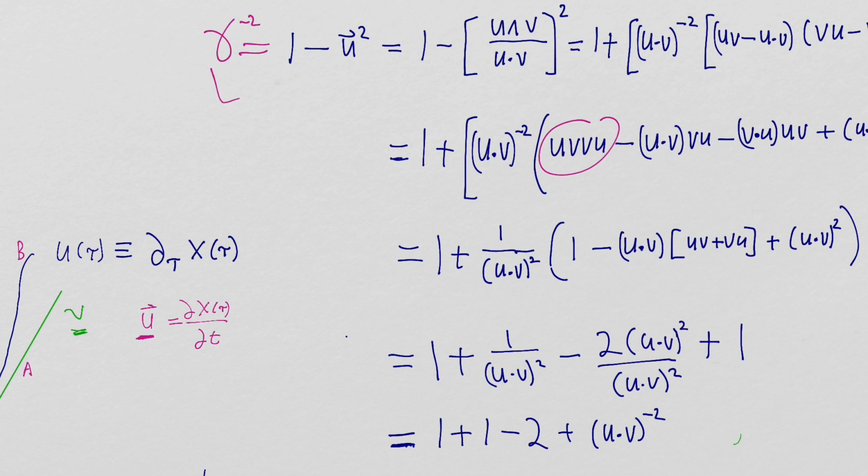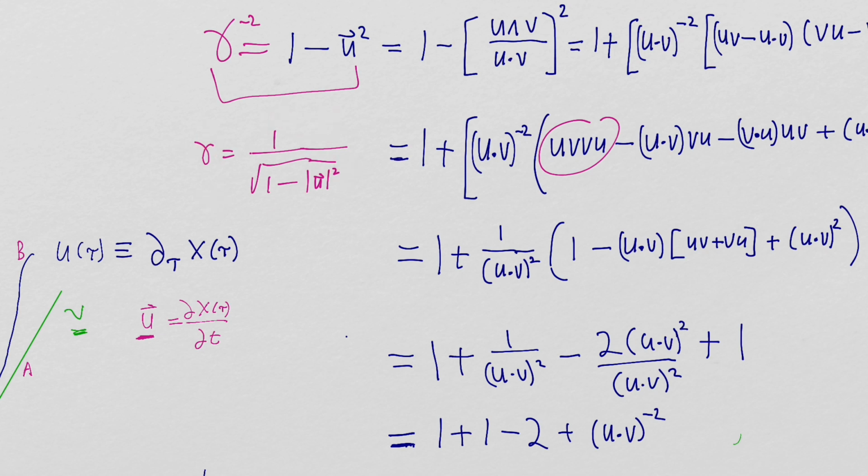And you know this from special relativity, right? In special relativity, gamma equals 1 over the square root of 1 minus the magnitude of u squared. You know that. So you immediately know how to create gamma to the minus 2 because you know this.